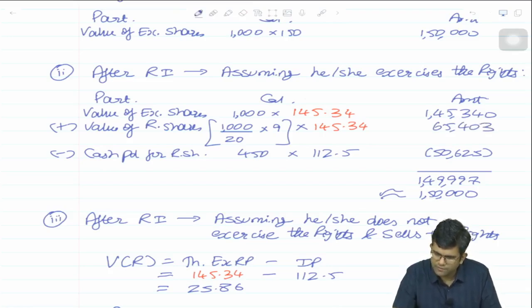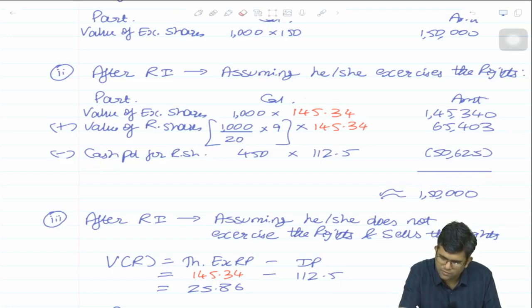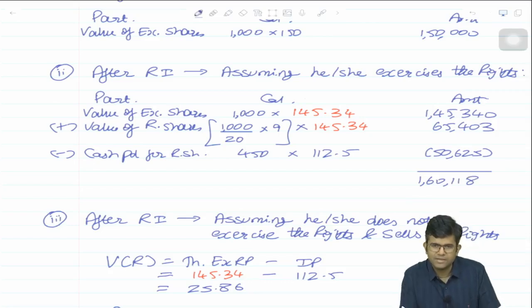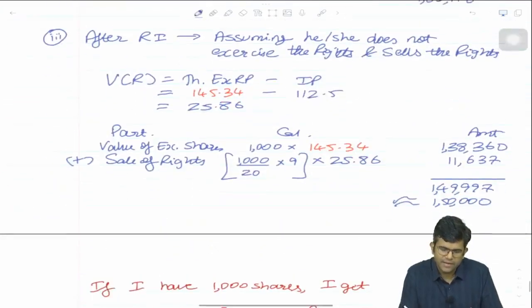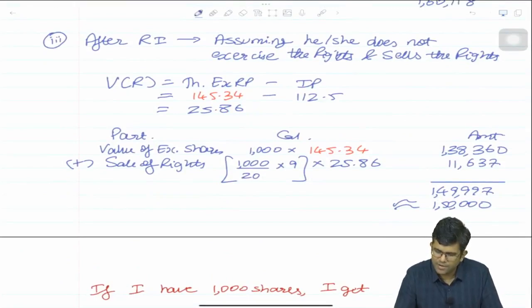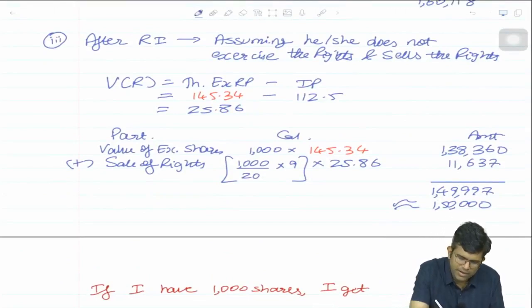So 145,340 plus 65,403 minus 50,625 gives 1,60,118. Everyone clear? 1,60,118. Then the ex-rights price is 145.34 minus 112.5, that is 32.84.